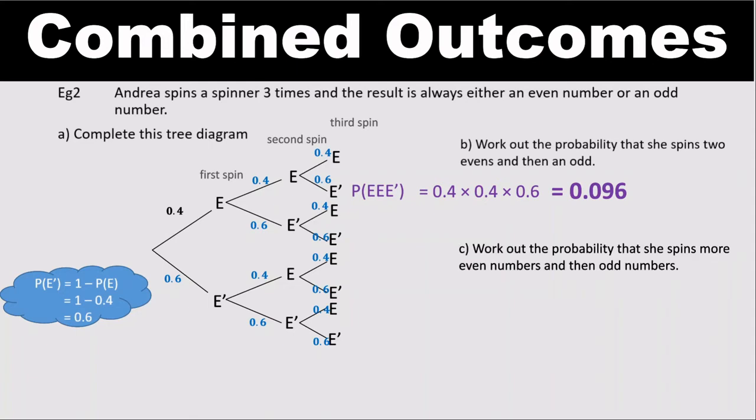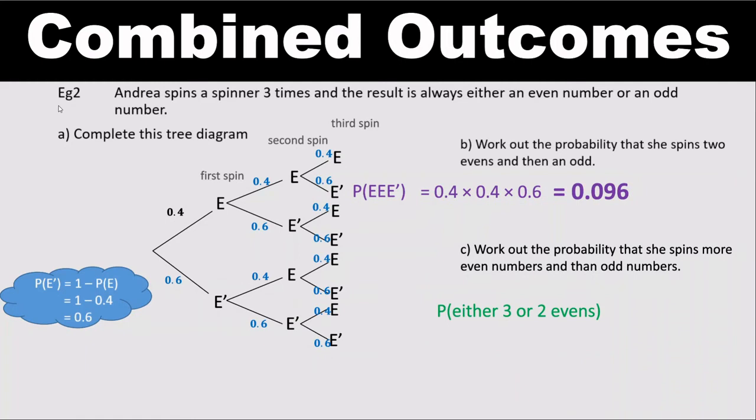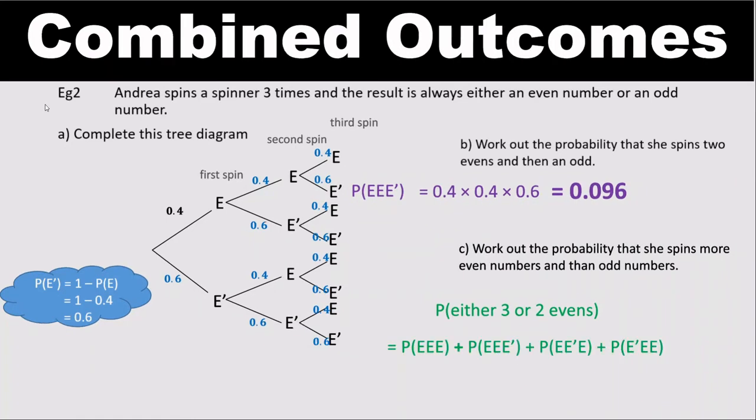Next, let's work out the probability that she spins more even numbers than odd numbers. That's the probability that she either spins 3 or 2 even numbers. Those are the combined outcomes of even, even, even; even, even, odd; even, odd, even; or odd, even, even.